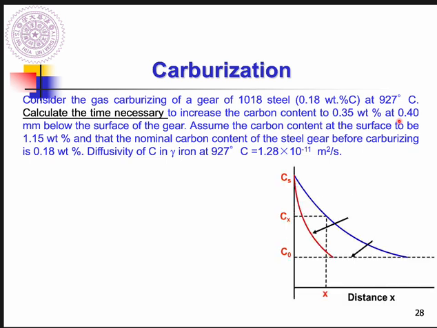Sometimes I like to draw a plot here, because we use methane as our diffusing source, which is an unlimited source. As mentioned, the steel has 0.18 weight% inside, and they flow 1.15 weight% of methane on the surface.